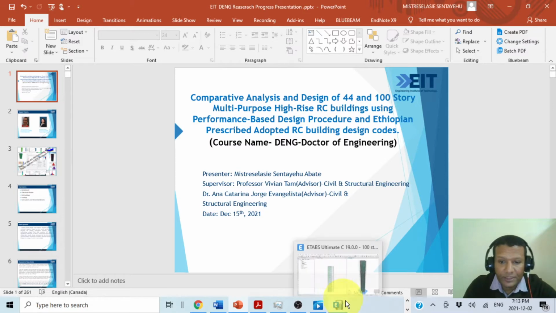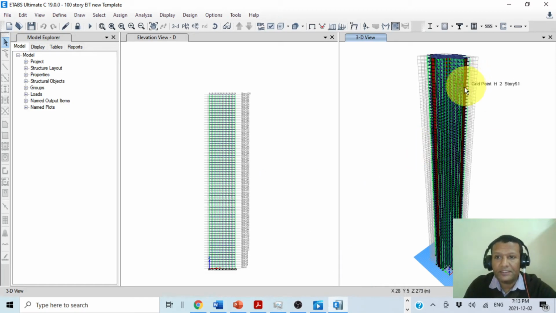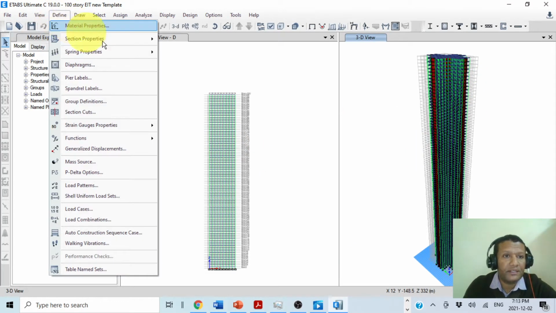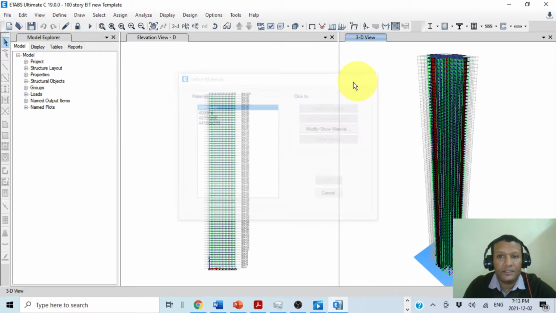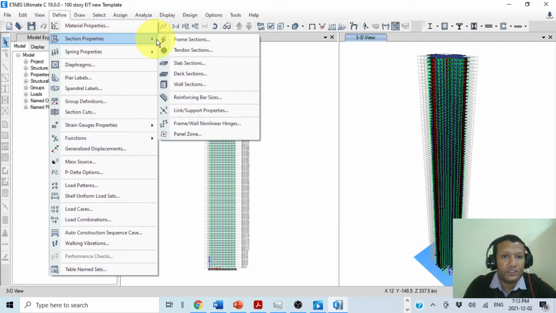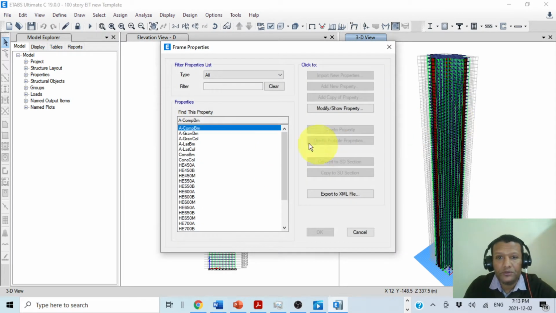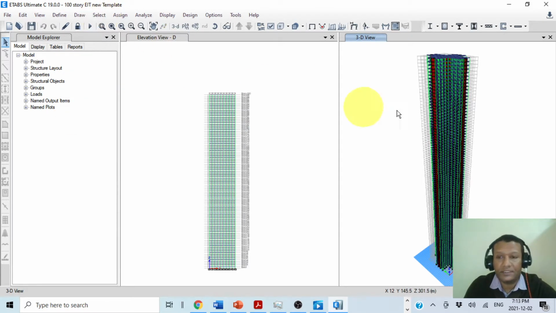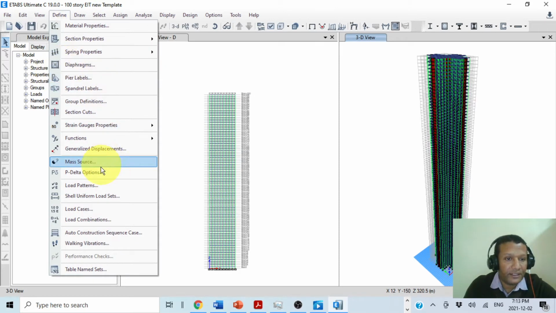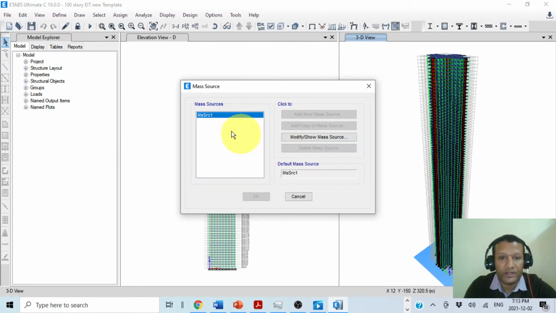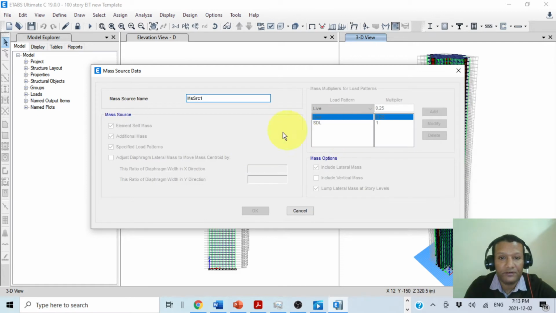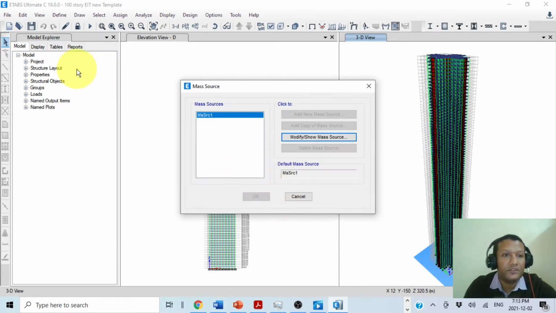So we have the models, so all definitions, material definitions, section, all frame sections, whatever frame sections we use for our sections: columns, beams, and shear walls. Everything is defined, and our mass sources are also defined. This is the mass source we have, because it has already run, it is closed, that's why we cannot open it.